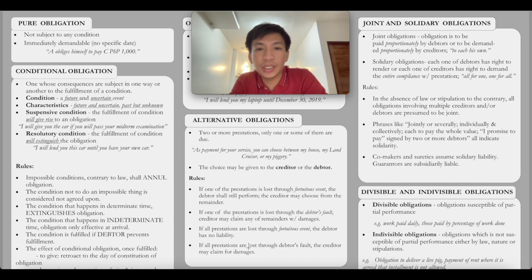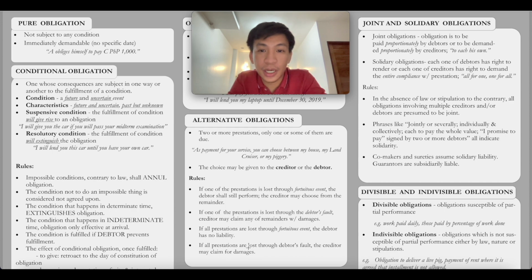According to our lecture, the characteristics of a condition is that it is future and uncertain. Ibig sabihin, it happens in the future at hindi tayo sure kung mangyayari siya or when will it happen, if it ever will.